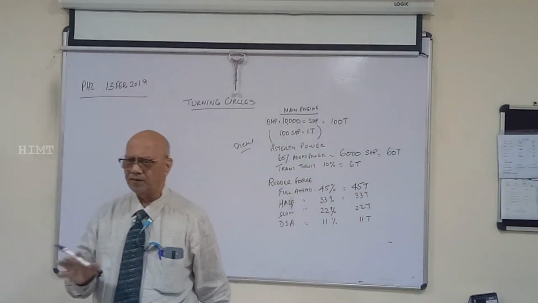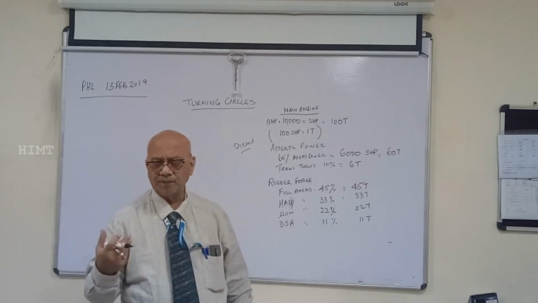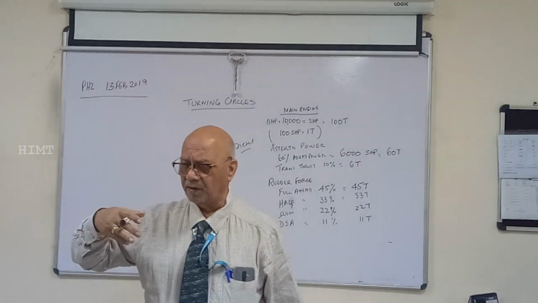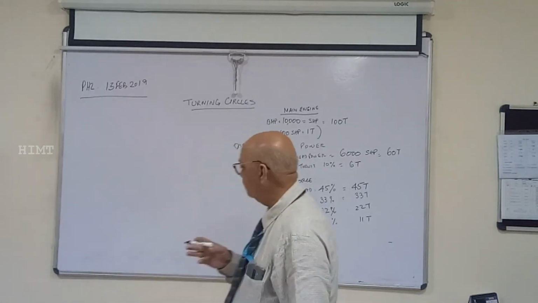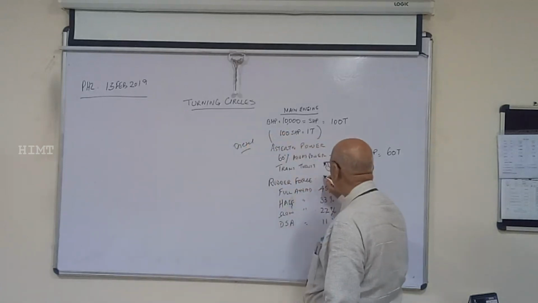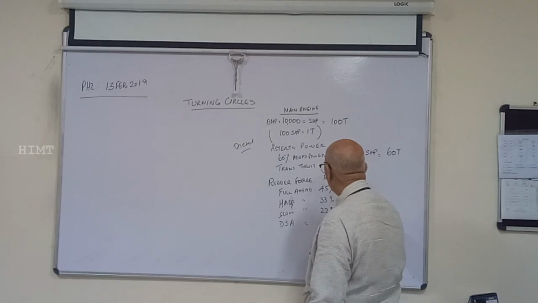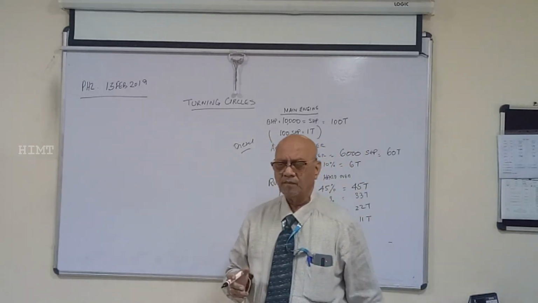So these are the thumb rules for how much rudder force we generate with hard over. This is when you say order hard a starboard, right?